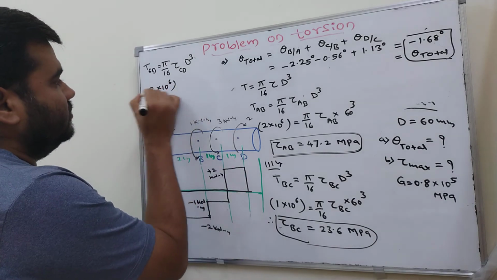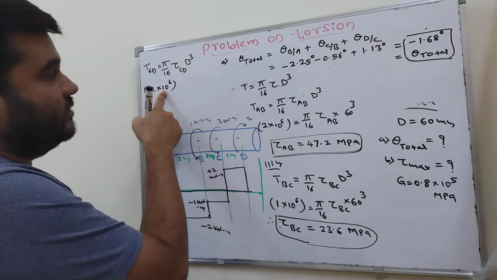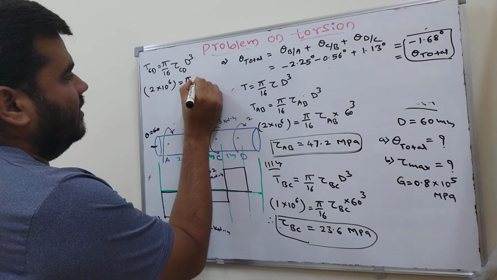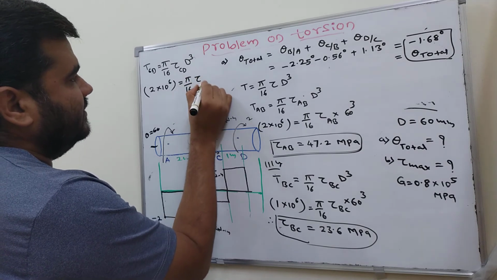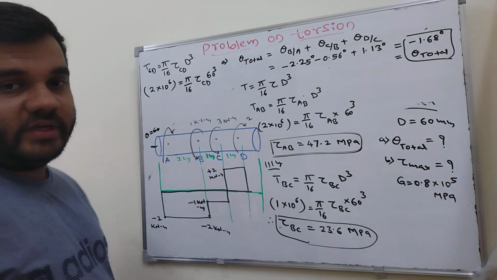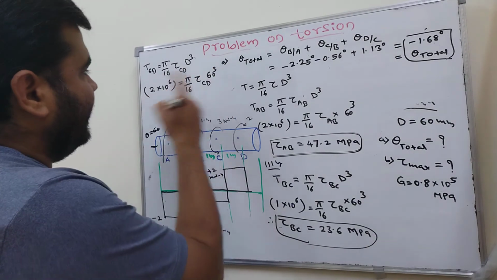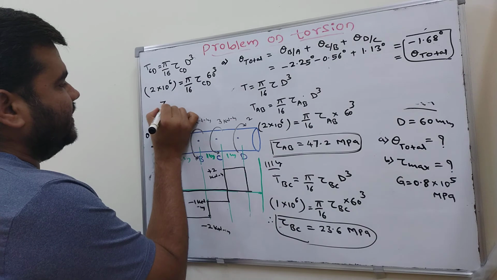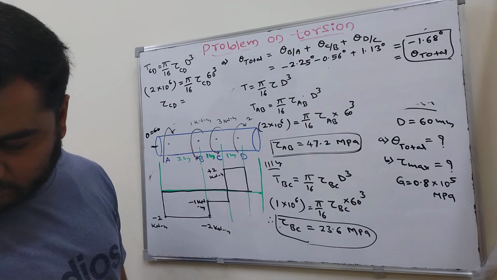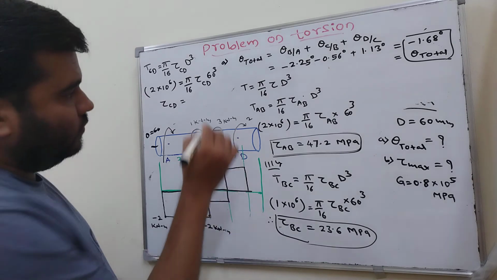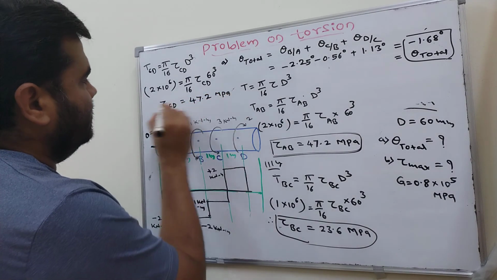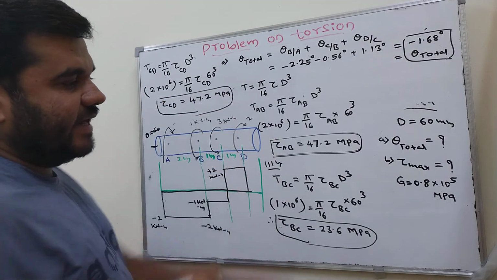Okay, so if you convert to Newton mm, you will get 10 raised to 6 equal to pi by 16. We need the shear stress at section CD, diameter is 60 cube. Simplify and calculate, we will get shear stress at section CD equal to 47.2 MPa. Okay, so this is the second bit.